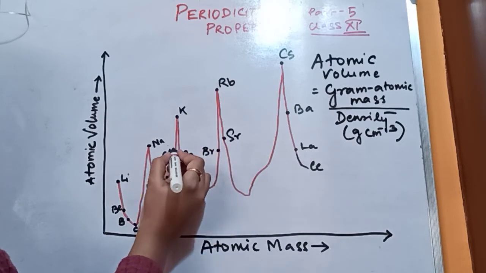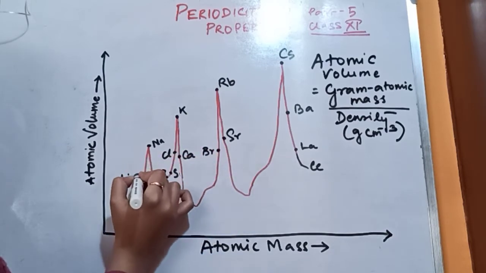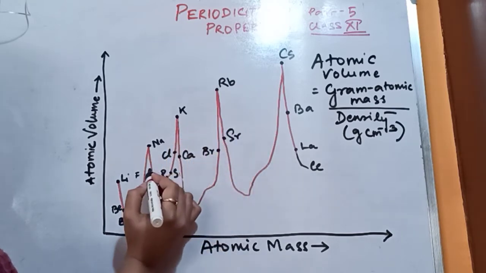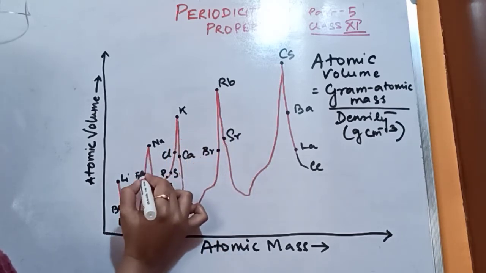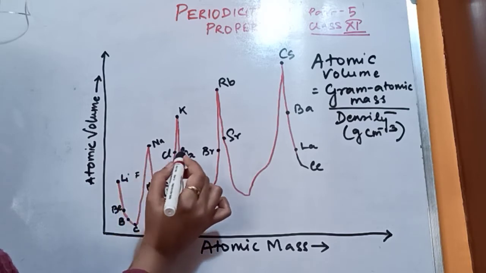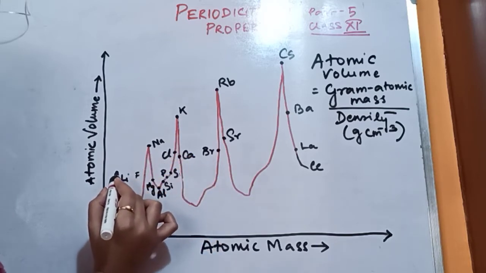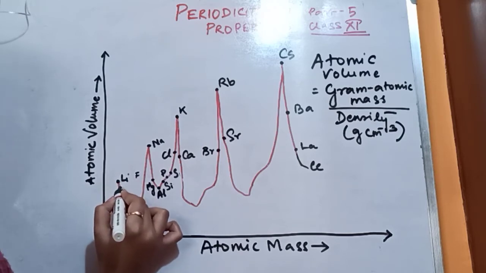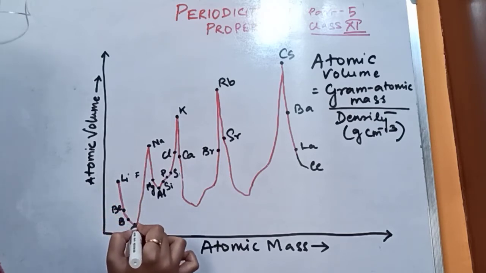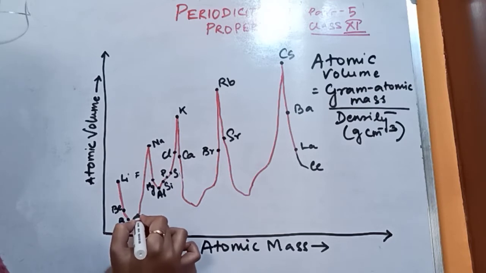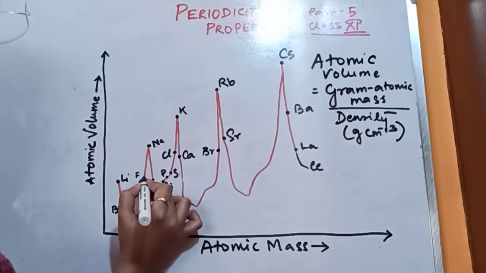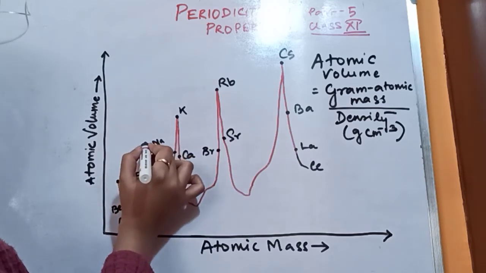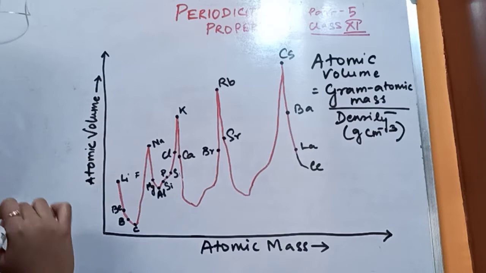Chlorine, bromine, and here will be fluorine, all of them are on the left side of this peak. The highest atomic volume is for the group 1 elements, then the atomic volume decreases, and again it increases for the most electronegative elements, here will be fluorine, and here will be the first element of the next period.